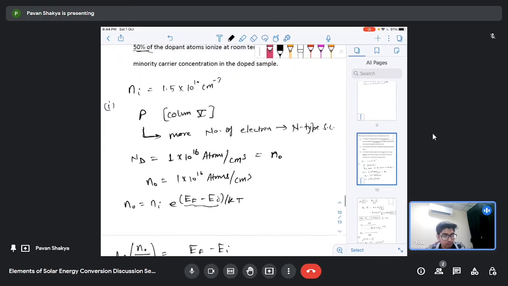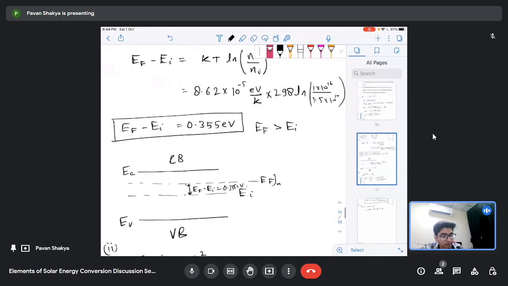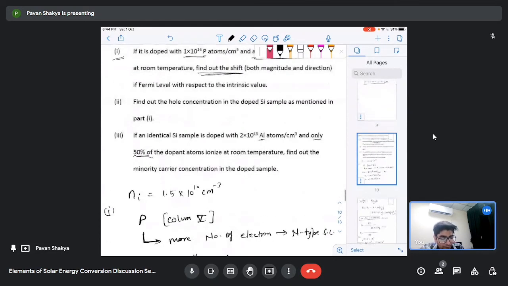Okay, so as I have discussed, this aluminum material belongs to column third, and because of this doping there will be more number of holes. But this time it has been given that only 50% of the dopant atoms are ionized.